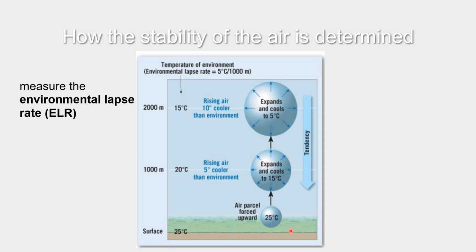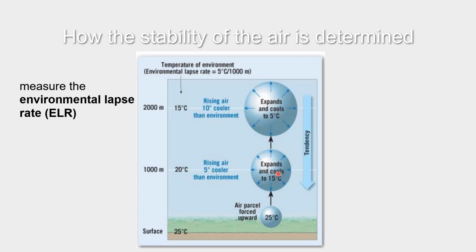When this unsaturated parcel of air is lifted, it expands and cools at the dry adiabatic rate, remember? Because this is the parcel of air. It cools at a rate of 10 degrees Celsius, from 25 to 15. So it cools down at the dry adiabatic rate of 10 degrees Celsius per 1,000 meters.